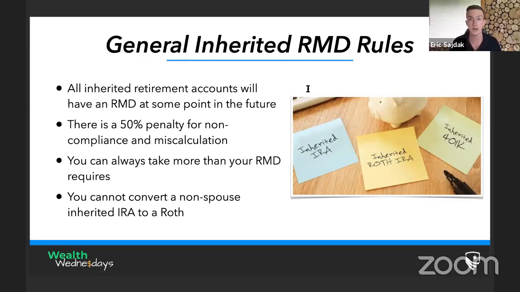So let's say you inherit a $150,000 IRA from your dad. Well, you can't convert that IRA to a Roth and try to avoid being taxed on those RMDs later on. You have to withdraw the entire amount. Obviously, you can't put that in a Roth because of contribution limits. That's an important thing to note, because you can convert your own accounts.